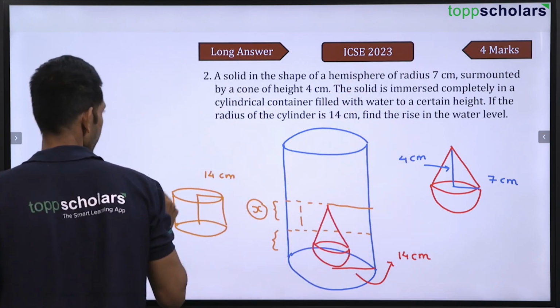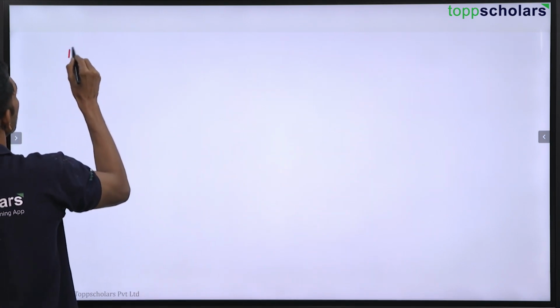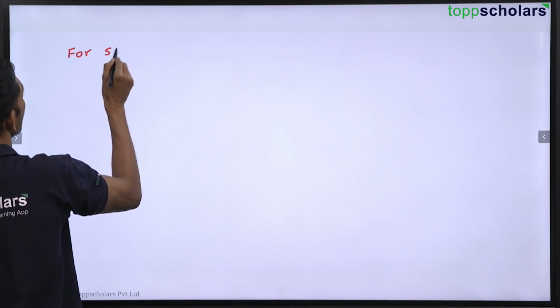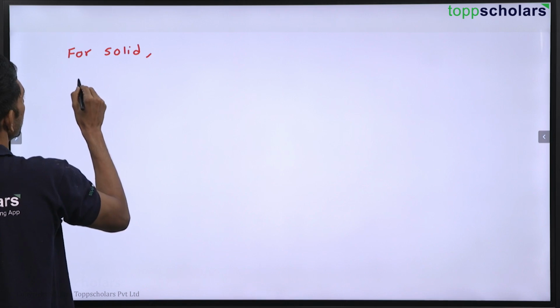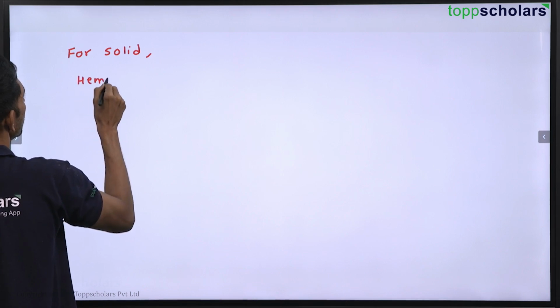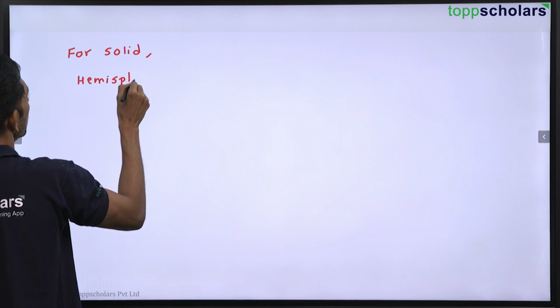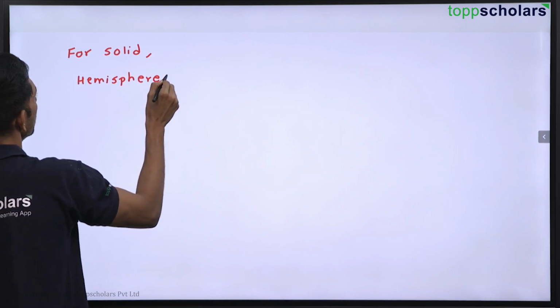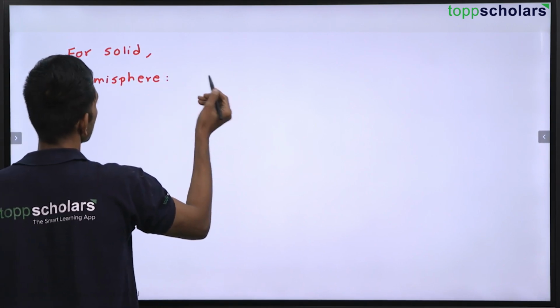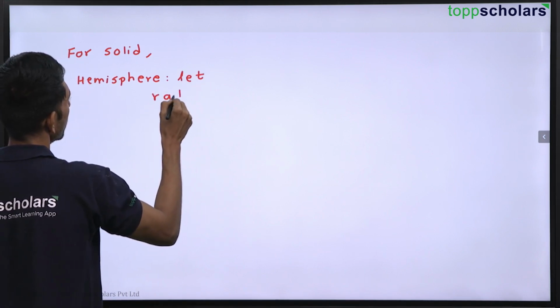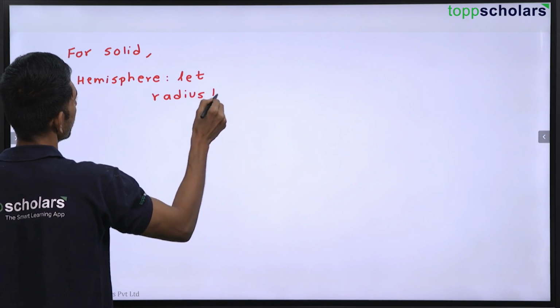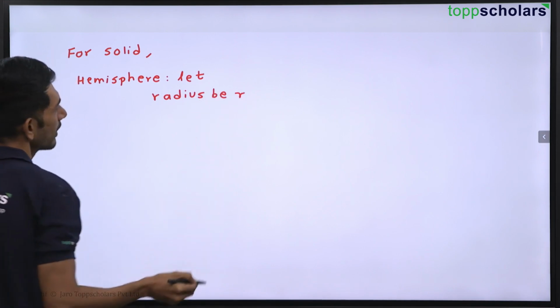You can say for solid we have the hemisphere, so let the radius be r, right?